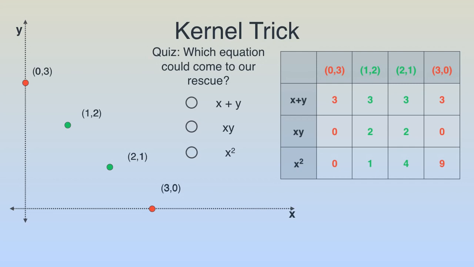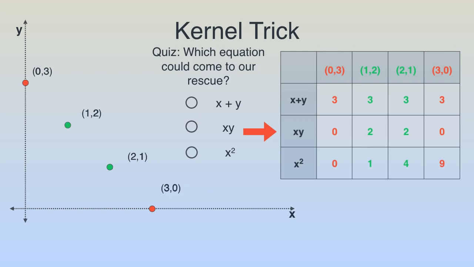So let's think, which one of these equations separates the green and the red points? We look at the sum x plus y, and that gives us 3 at every value, so it doesn't really separate the points. We can look at x squared, and that gives us different values for every point, but we get 0 and 9 for the red values and 1 and 4 for the green ones, so this one also doesn't separate them.